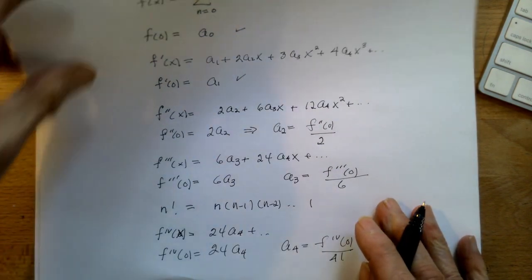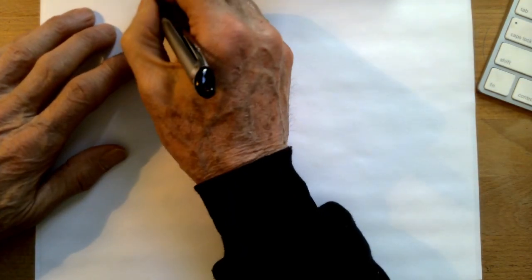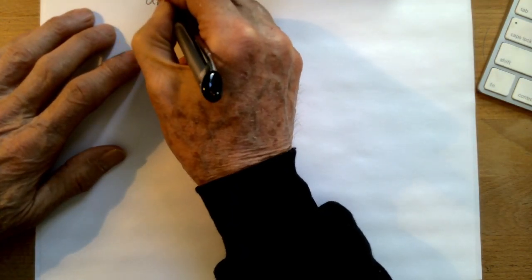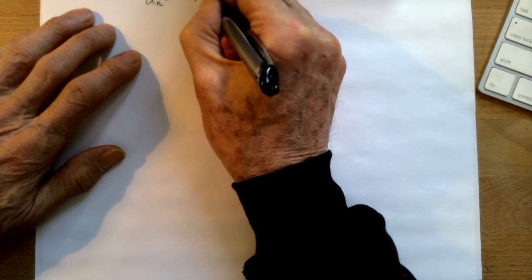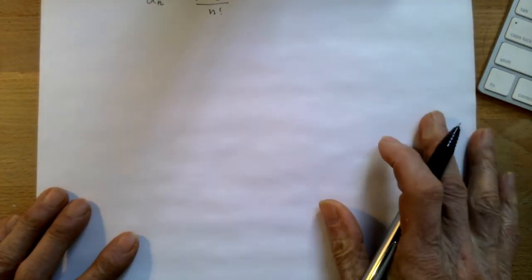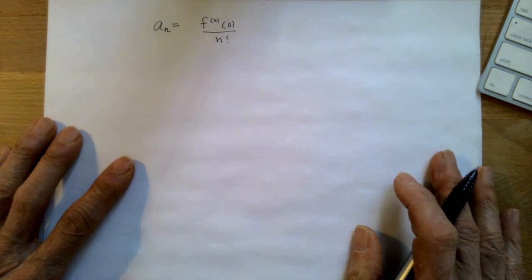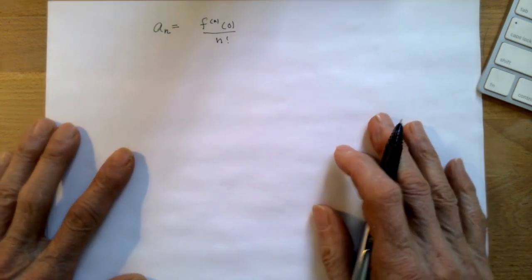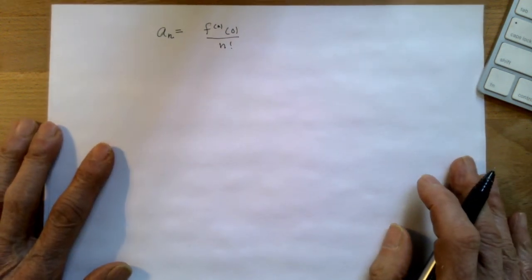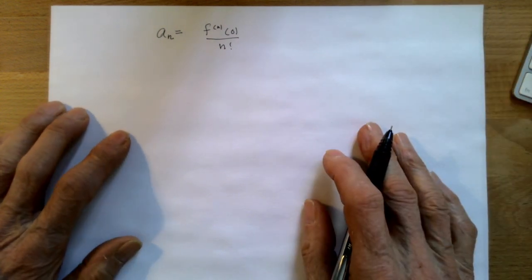Now you can see we can keep doing this. And the general rule, of course, is that a sub n is going to be the nth derivative at 0 divided by n factorial. So that's the way we can get all of the a sub n's, the numbers that express the expansion of the function as a power series in x.